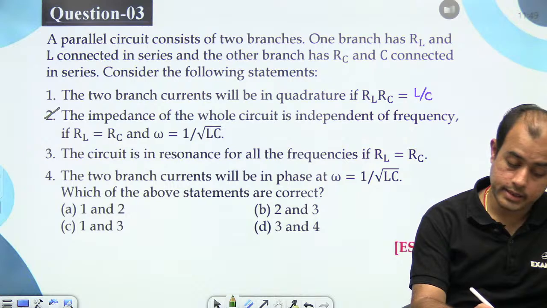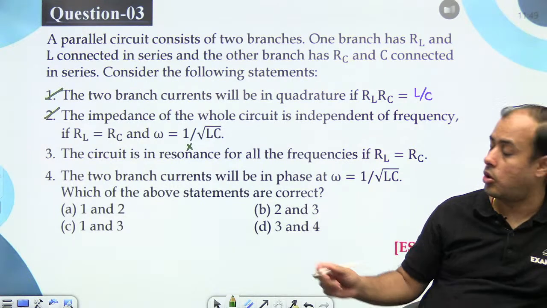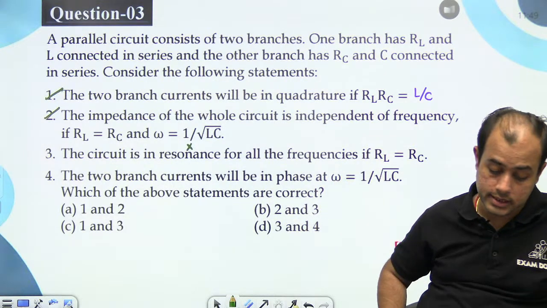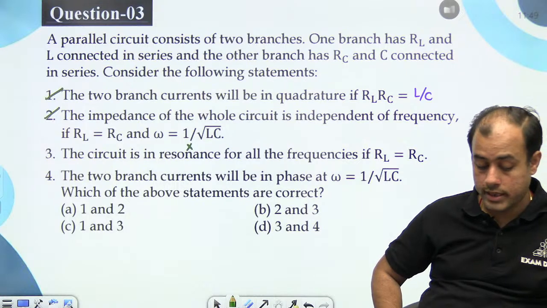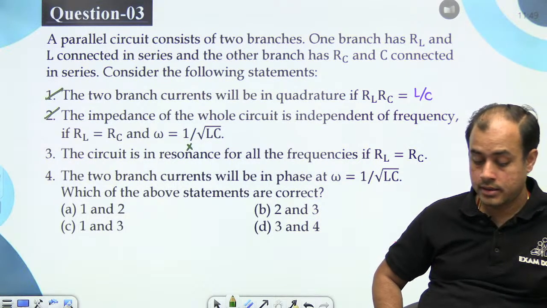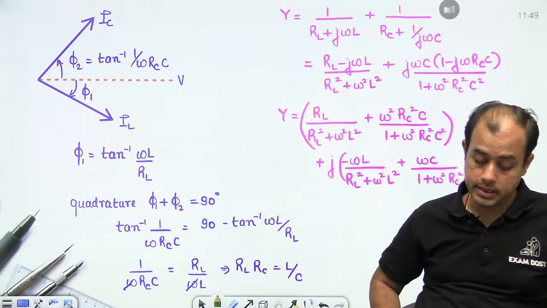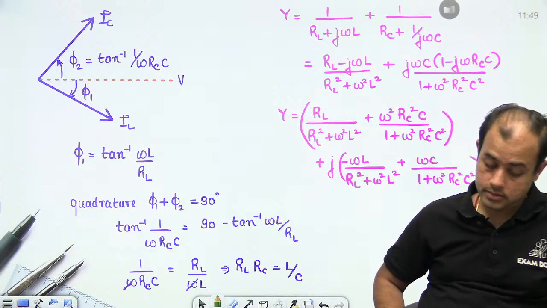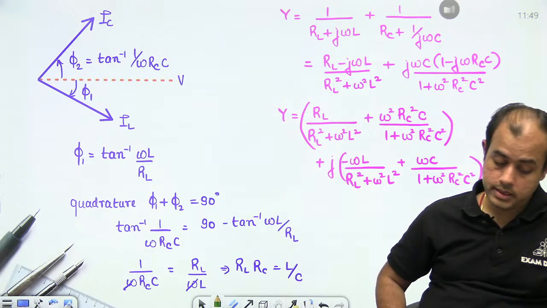So this is correct, this is correct, this is incorrect. Not at all frequencies is omega 1 by root LC. The two currents will be in phase at omega equal to root 1 by LC.